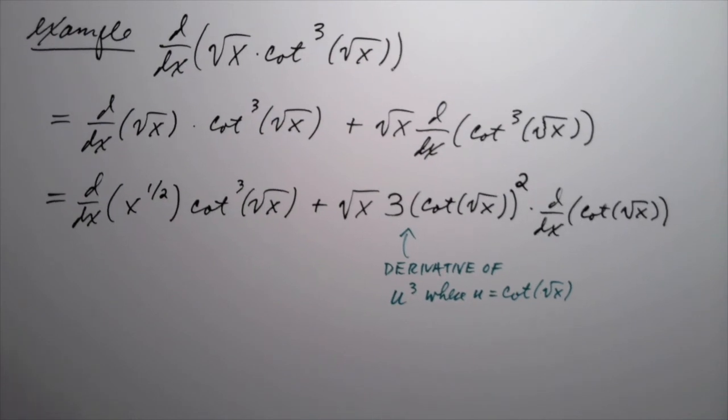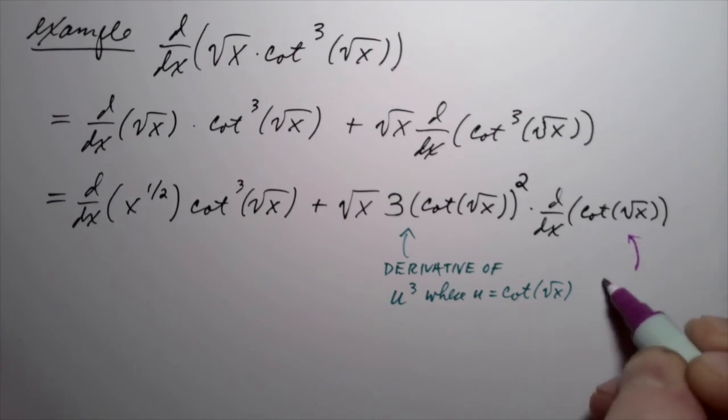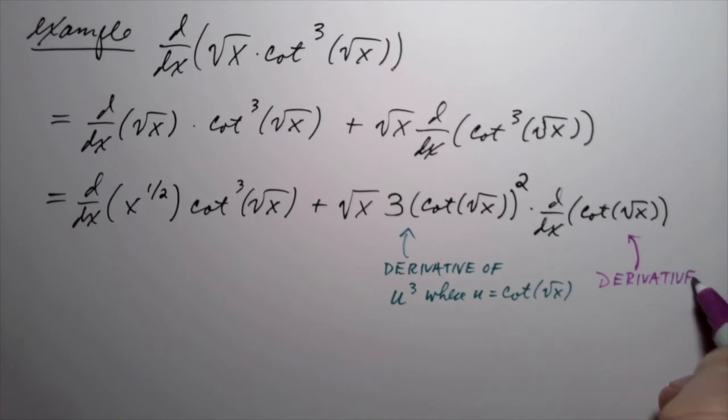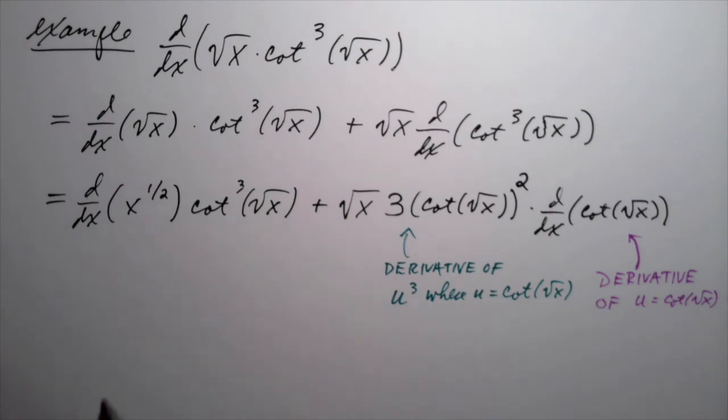That's the derivative of the outside in the chain rule. And then this is the derivative of the inside function. So that's one application of the chain rule. In the next step, we're going to need to analyze this derivative again using the chain rule.